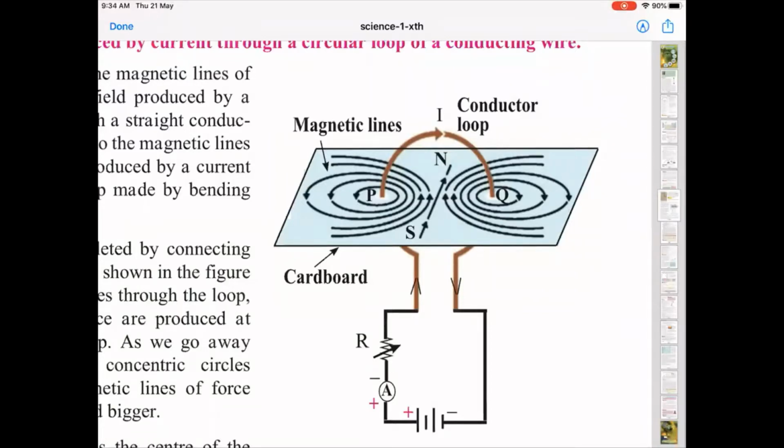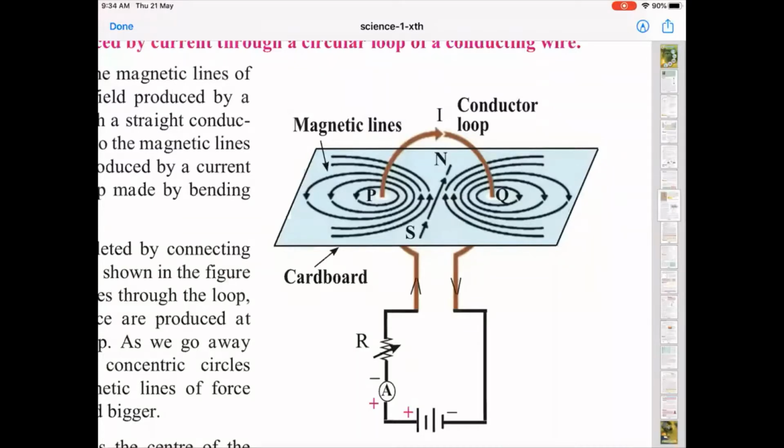Here there is a cardboard, but there are two holes, right? And the loop of the wire is passed through the two holes. One loop of the wire is passed through this. So through the point P the wire of the loop enters, and the other end goes through Q.